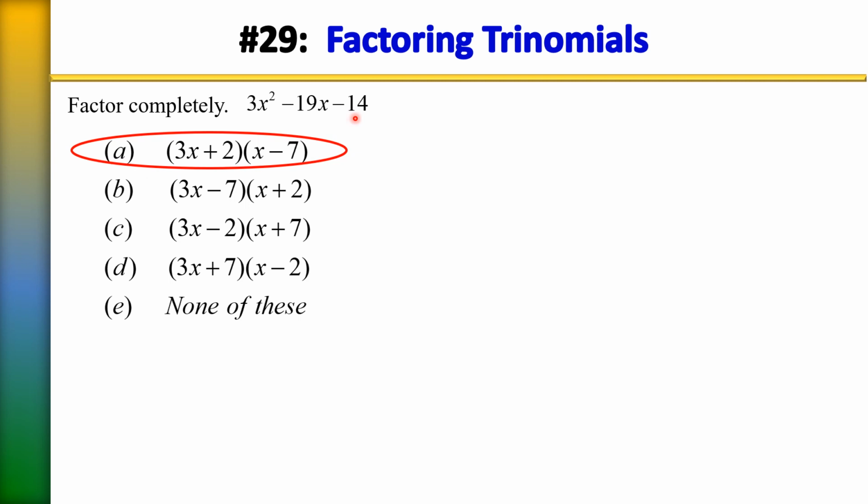And of course, you would always try the 2 times 7 first before you would ever try the 1 times 14. So since these two don't have a lot of possibilities of other factors, the quickest method for those type of trinomials is just to simply use trial and error.